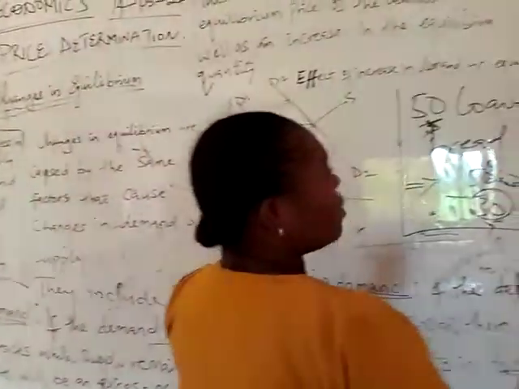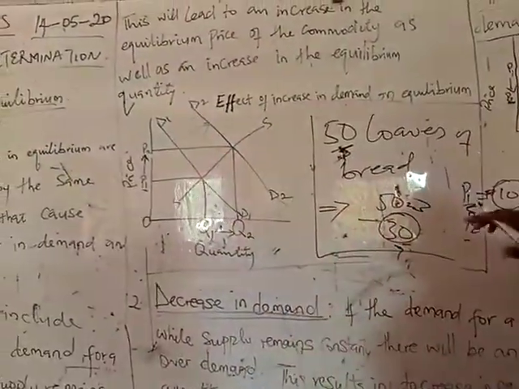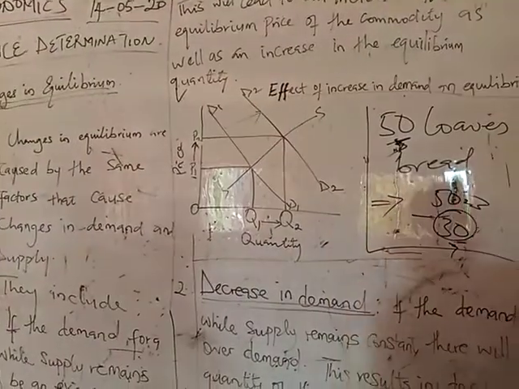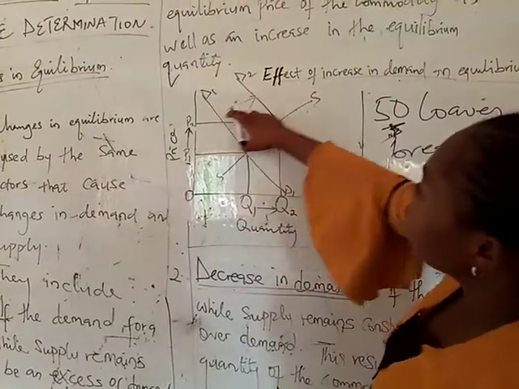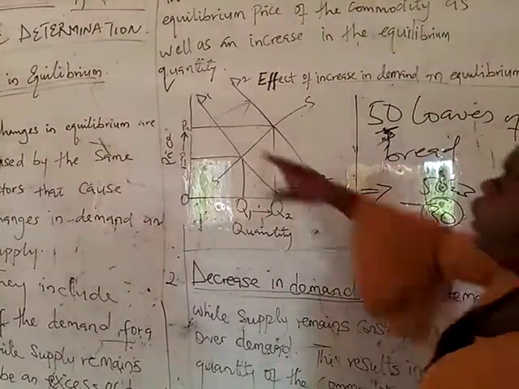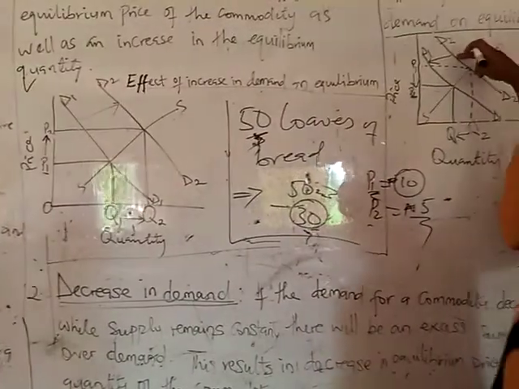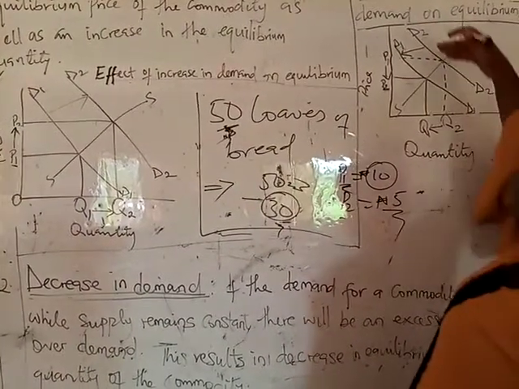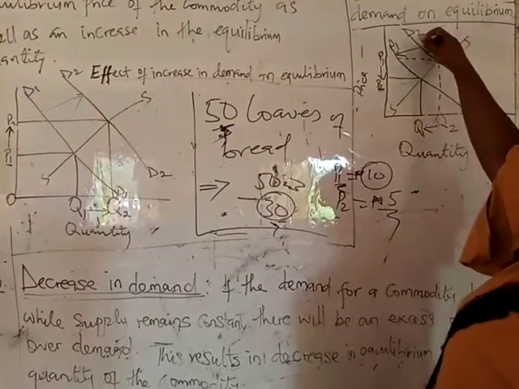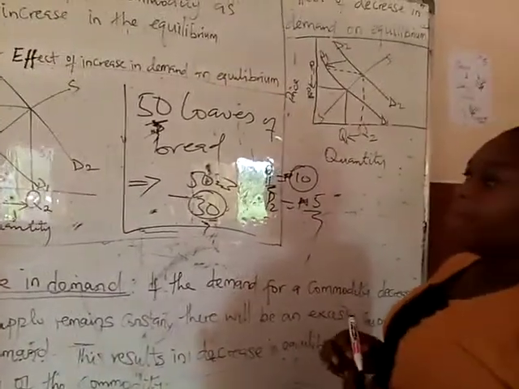Please, let us not make mistakes. In an increase in demand, the arrow goes from D1 to D2, while in a decrease in demand, it comes down from D2 to D1, which means the quantity demanded got reduced. And that is what we call decrease in demand.